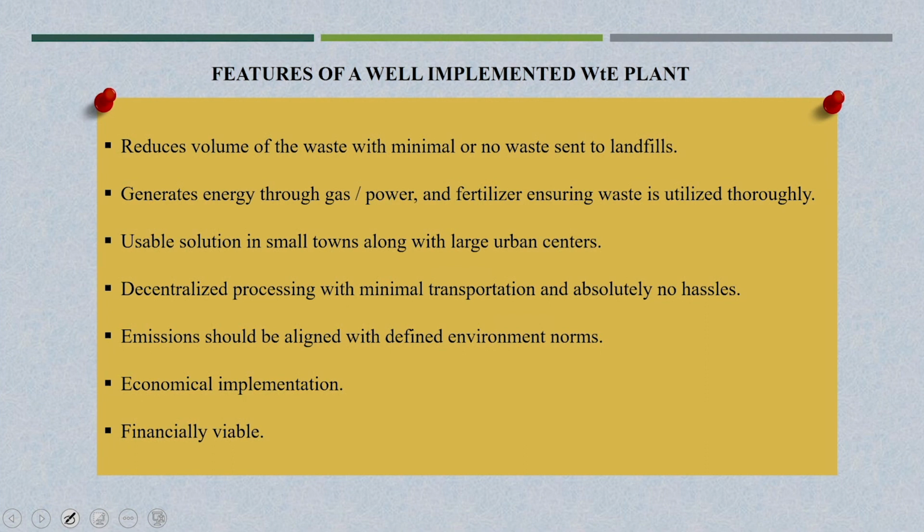That should be the thought, and generating energy through gas, power and fertilizer, ensuring waste is utilized thoroughly. A usable solution in small towns along with large urban centers, decentralized processing with minimal transportation, absolutely no hassle. Emissions should be aligned with the defined environmental norms, with economical implementation, and finally financial viability.